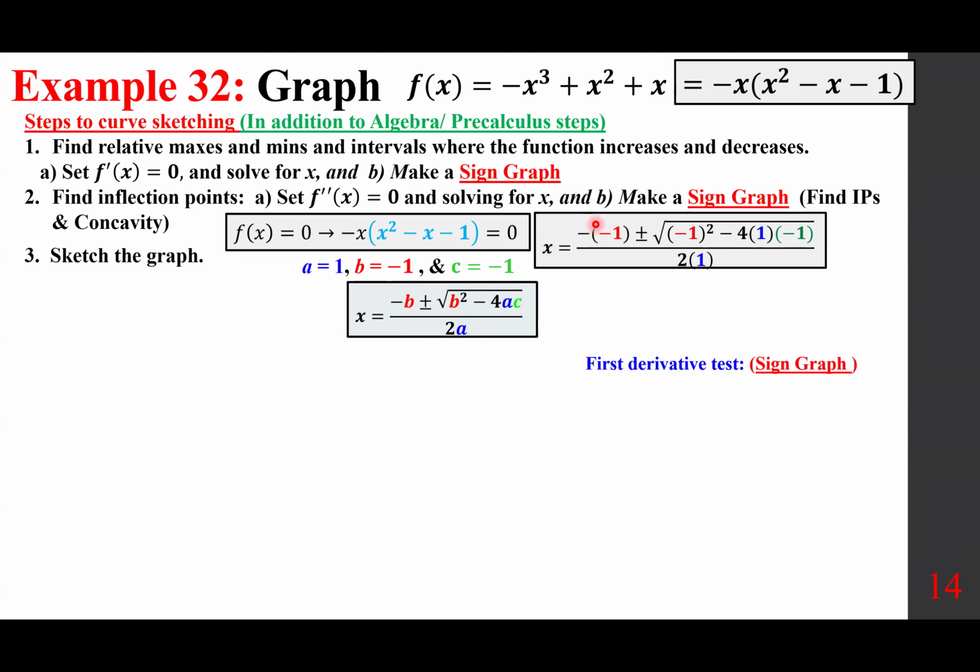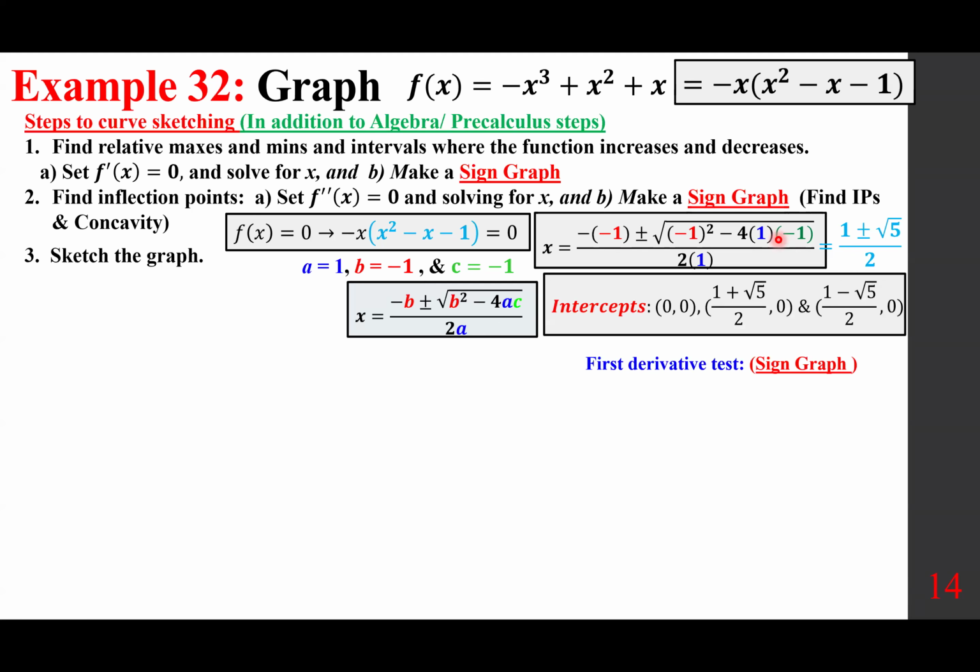This is negative, negative, plus 1. This is 1 plus 4, so it's 1 plus or minus square root of 5 over 2. And that means we have the following three intercepts: 0, 0, then 1 plus square root of 5 over 2, comma 0, and 1 minus square root of 5 over 2, comma 0.